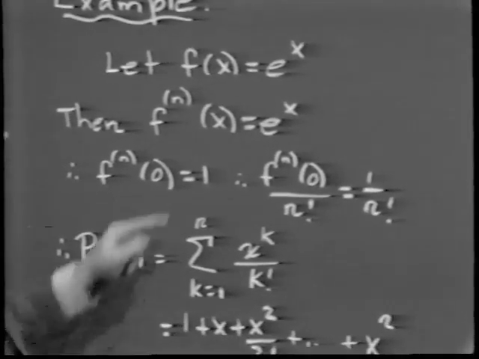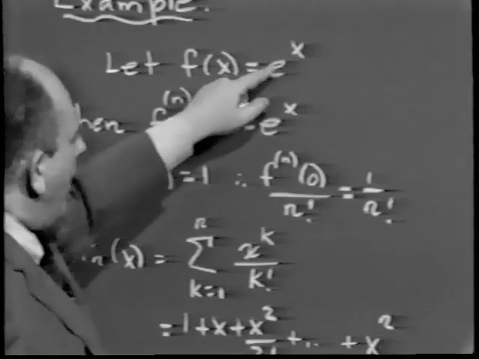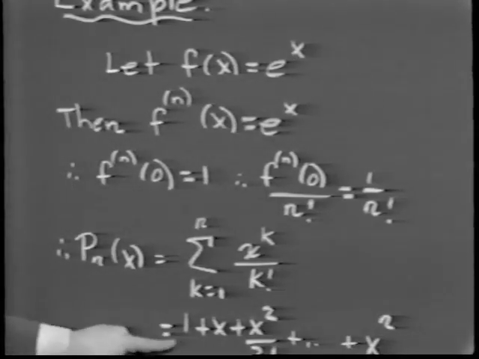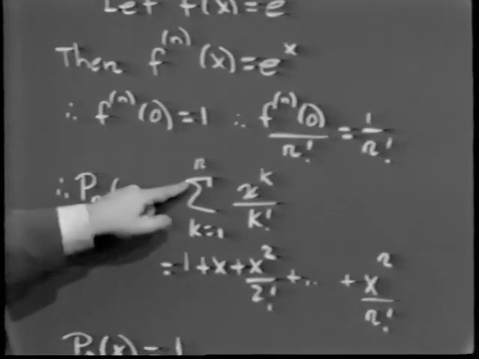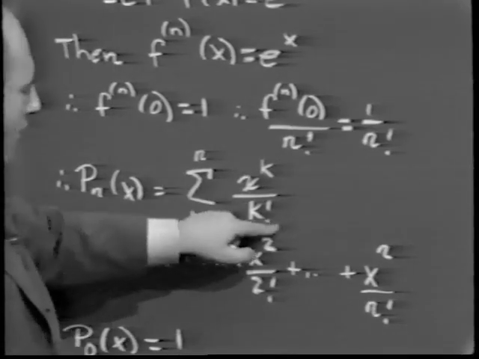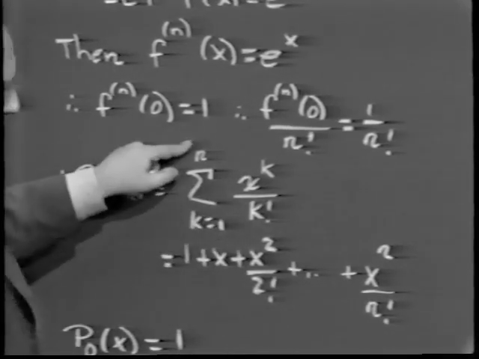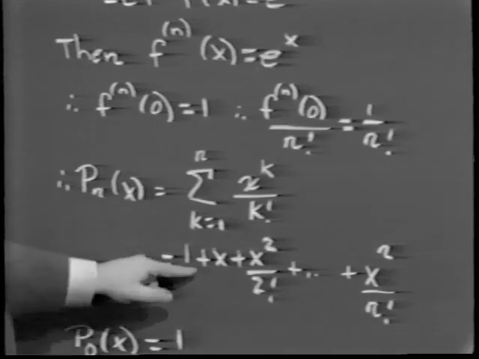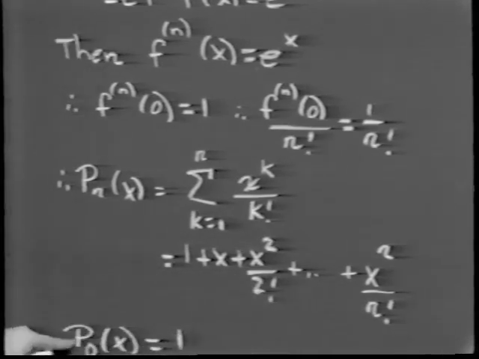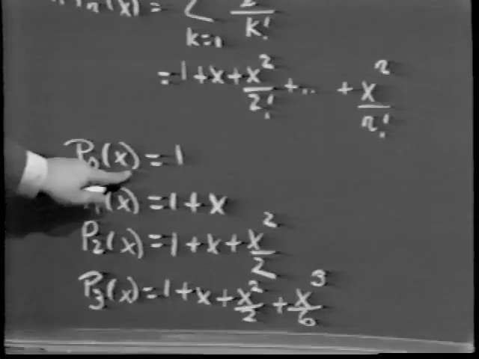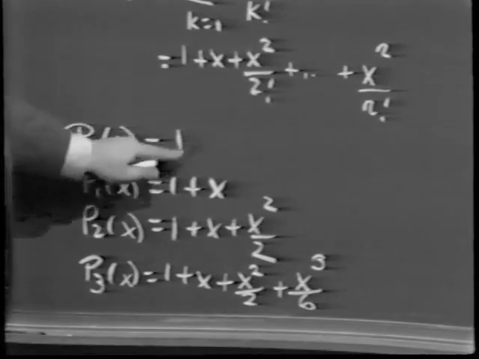In other words, the sequence of polynomials that approximates e to the x is given by what? The summation of x to the k over k factorial as k goes from 0 to n. And what this means is what? The first approximation is the line y equals 1.